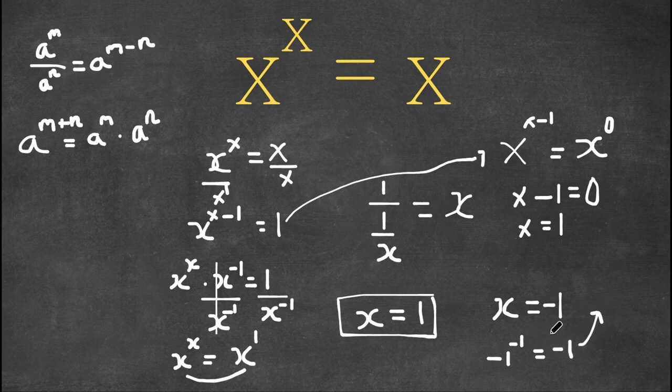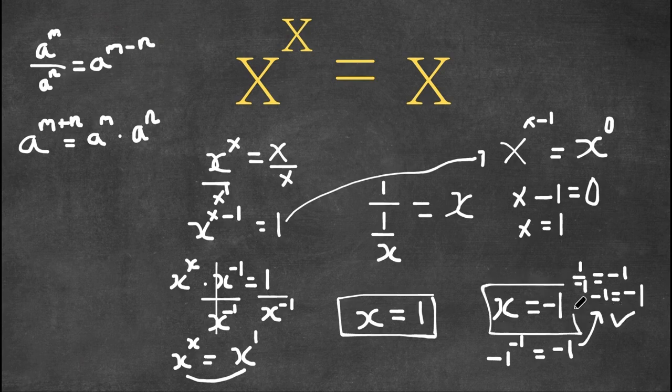Well, -1 to the power of -1 is simply 1 over -1, and this is equal to -1, and 1 over -1 is simply just -1, so -1 equals -1. So this is right. So x equals -1. This is also a solution to this equation.